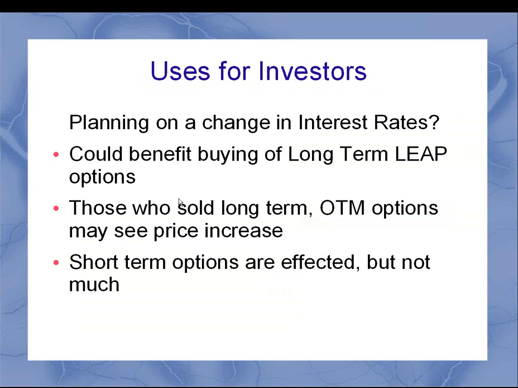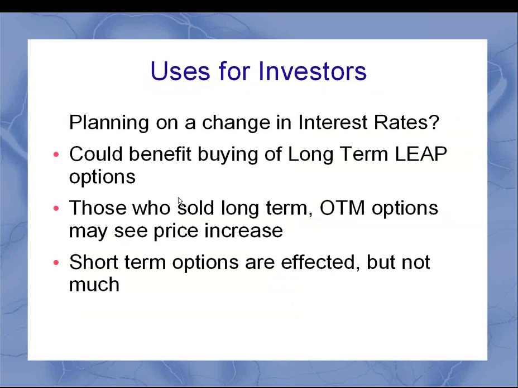Okay, but as for uses for investors, I don't know many people who attempt this, but if you're planning on a change in interest rates, you could get a benefit from buying a long-term LEAP out in time on a stock, ETF, or index perhaps. Those of you who sell long-term options, I have several PowerOptions subscribers I talk to on a regular basis who are selling naked puts deep out of the money, 8 to 10 to 12 to 15 months out in time to get a higher premium, and they just let that sit.